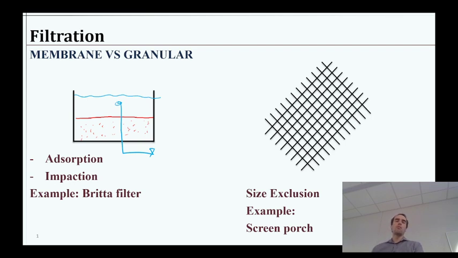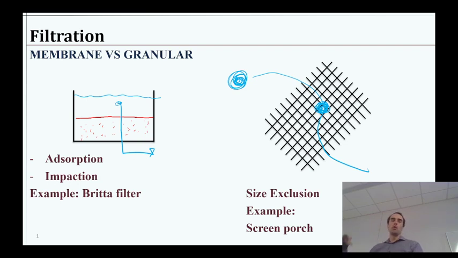So it's not working the same way as a screen porch or a membrane would, when we have a particle that's flowing through the water, or a mosquito trying to get through the screen on your porch. In this case, the particle is just too big and it gets stuck and can't go through, right? So that's size exclusion, meaning it's just physically too big to go through the membrane.